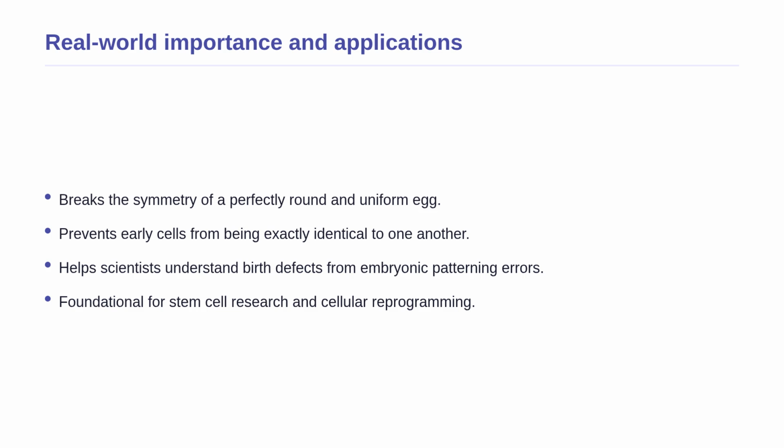In real-world medical and biological research, studying these determinants helps scientists understand how birth defects occur when early embryonic patterning goes wrong. Furthermore, this concept is foundational in stem cell research and cloning. Scientists must understand how a cell's internal cytoplasm programs its nucleus to adopt a specific identity, which could eventually allow us to reprogram cells to replace damaged tissues in human patients.